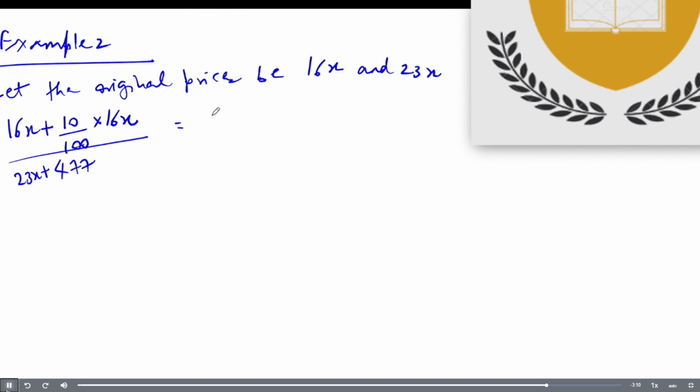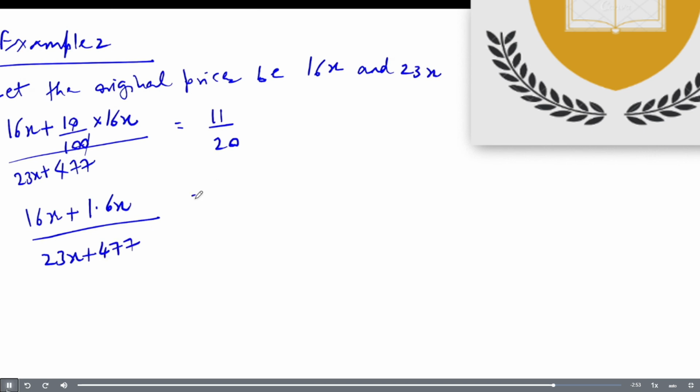That ratio now has become 11 by 20. So 16x plus 1.6x by 23x plus 477 is equal to 11 by 20.